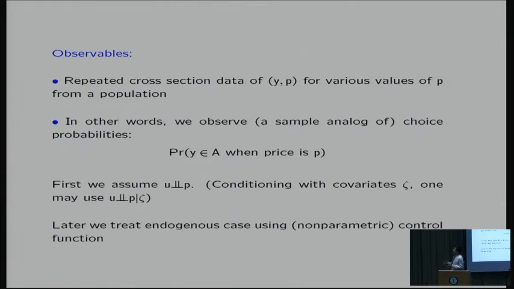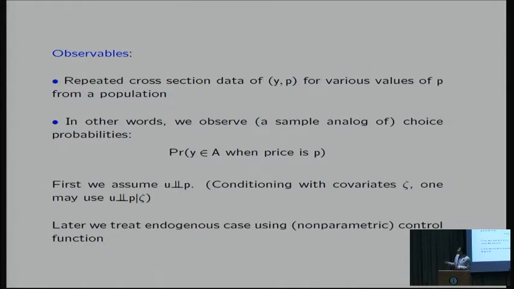What we observe, and probably the best way to describe what we have in mind, is a repeated cross-section of data on Y, the choices, and P, the budget set. Given a budget set, the consumer chooses Y depending on his or her utility function U. First I'm talking about identification, so sampling is not considered here.